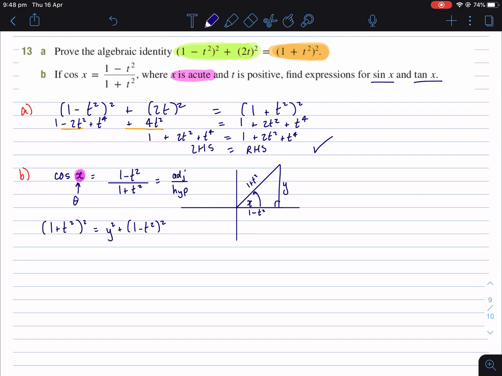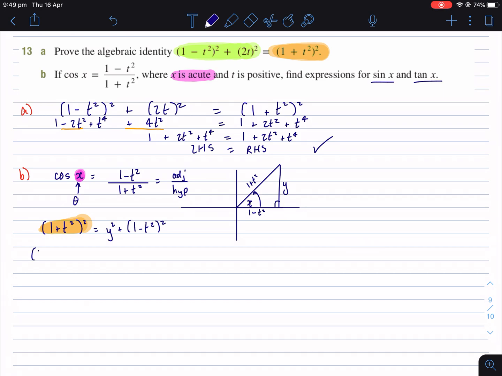Okay. There's a reason they got us to do that first question. And that's because we could do this the hard way. We could expand both sides left and right and subtract stuff and deal with that. But this 1 plus t squared, all squared, I'm going to replace it with the stuff in green in question 13a.